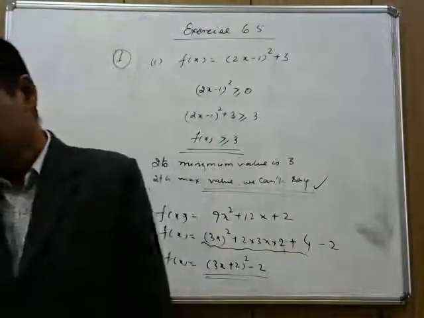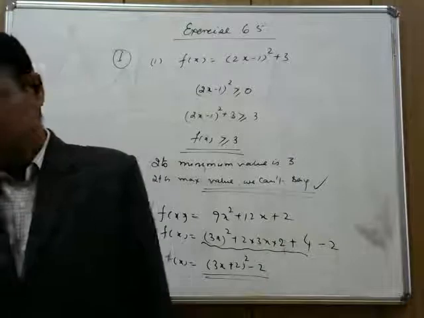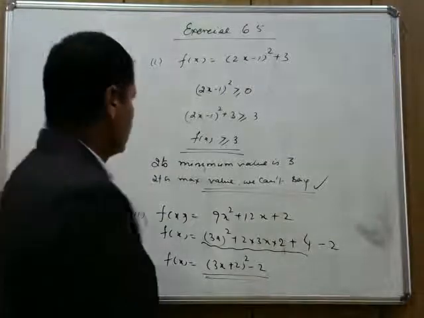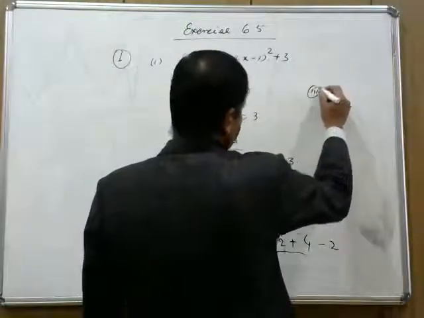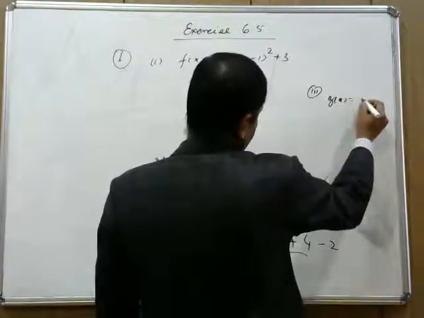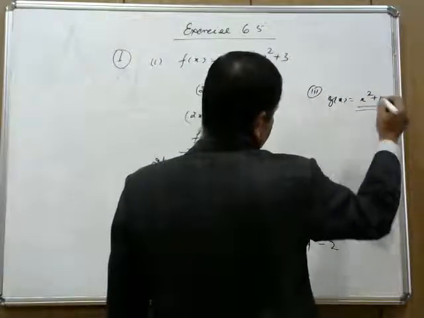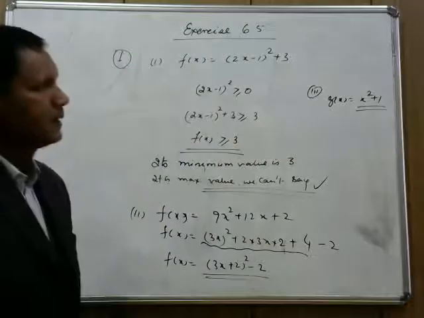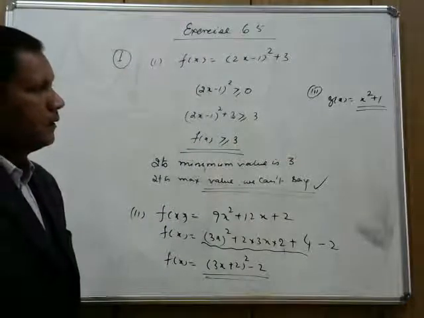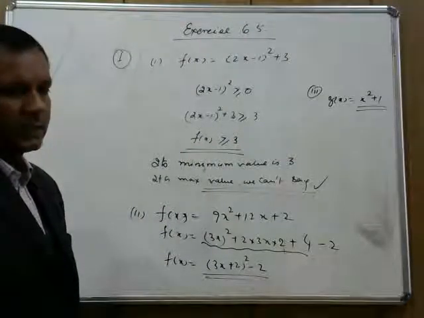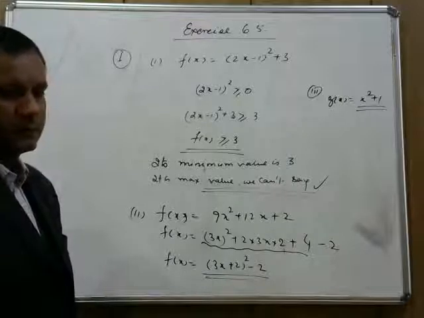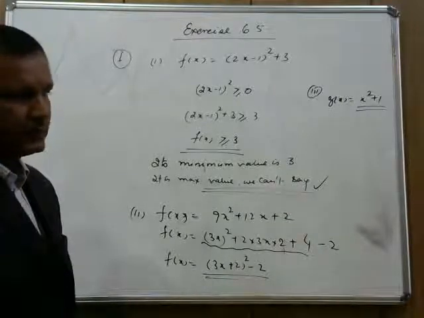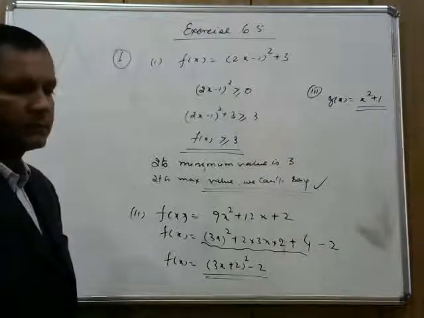Suppose we have the third part, g of x is equal to x square plus 1. Now see for this function, x square is greater than or equal to 0 always, plus 1.